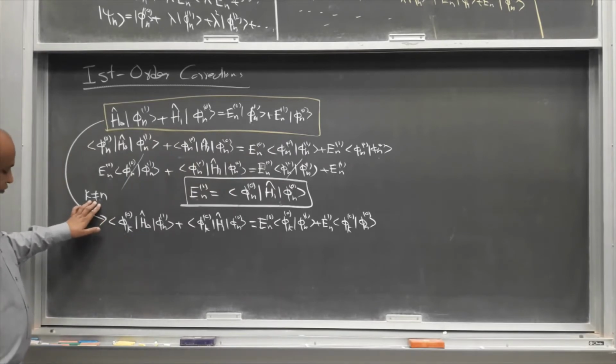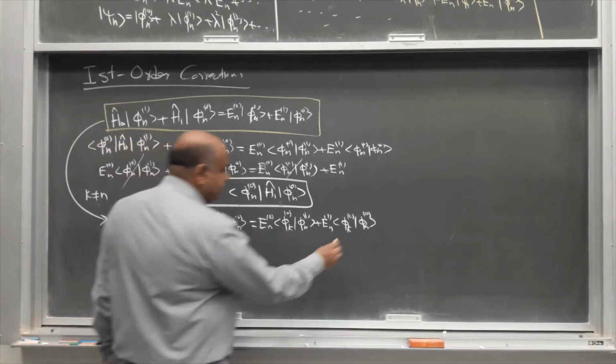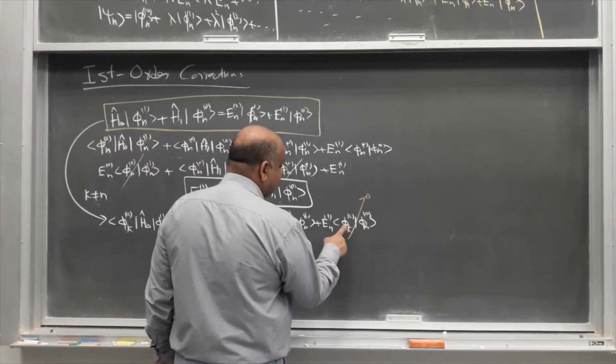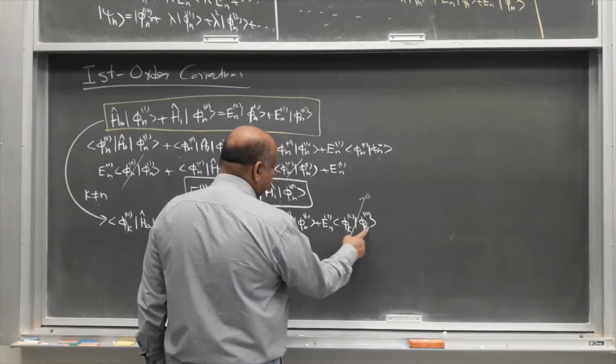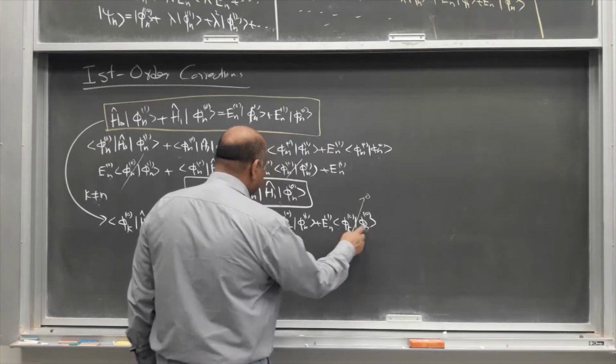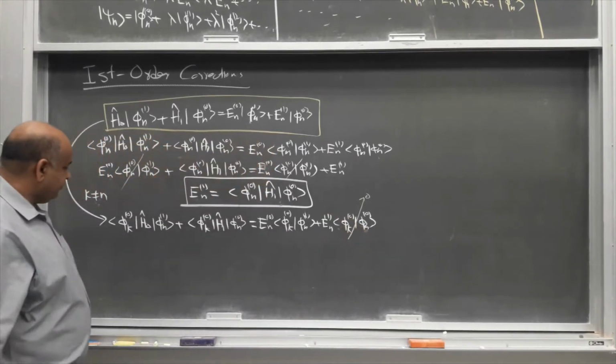If k is not equal to n, we can quickly see that this last term is 0, because when k and n are not the same, phi k and phi n are orthogonal, so this inner product is 0.